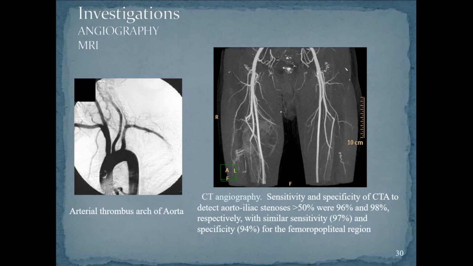Sensitivity and specificity of CT angiography to detect aorto-iliac stenosis more than 50% are 96% and 98% respectively, with similar sensitivity about 97% and specificity 94% for the femoropopliteal region.